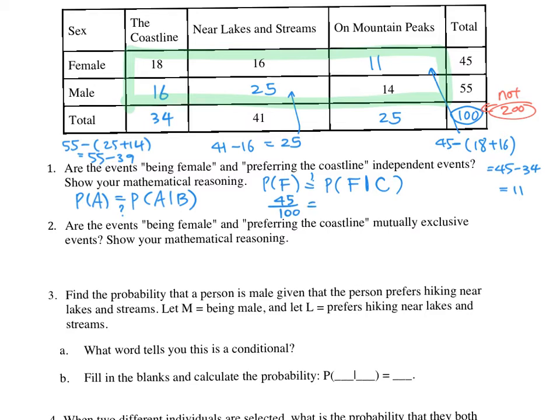All right, the second one is F, female, given the coastline. The bar means given, which is a conditional probability. In this case, I can interpret this as out of.